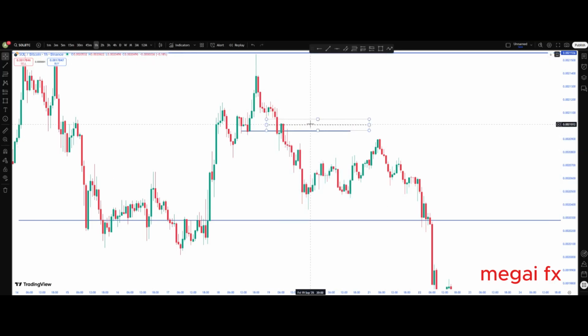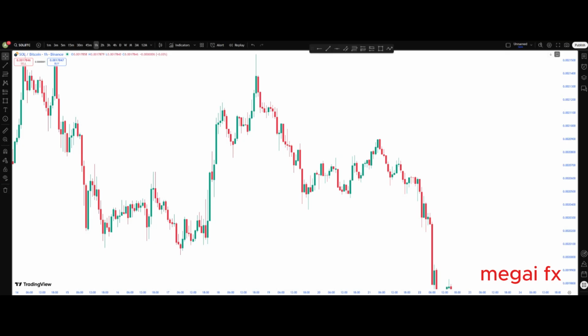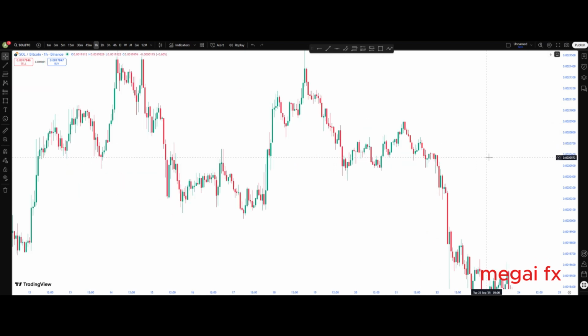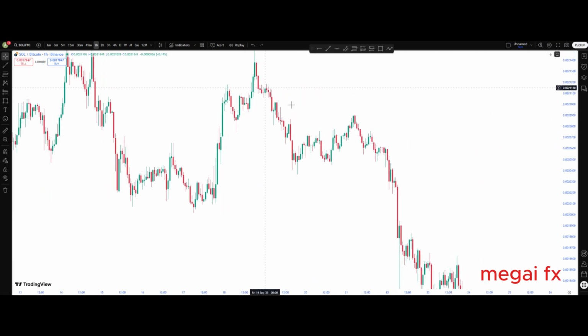Not only here, let me show you another one. This one now is on 1 hour time frame. I want you to look at this high on Solana BTC.